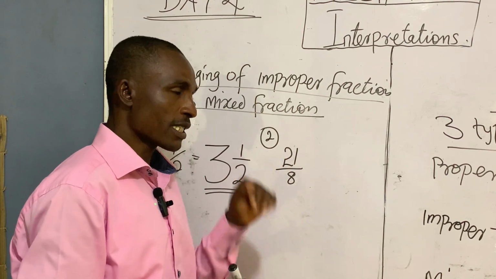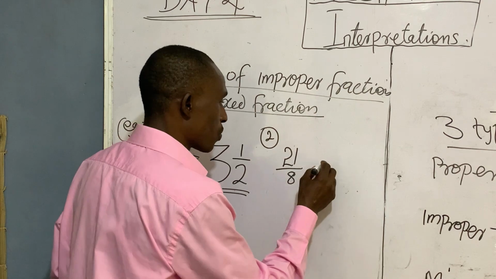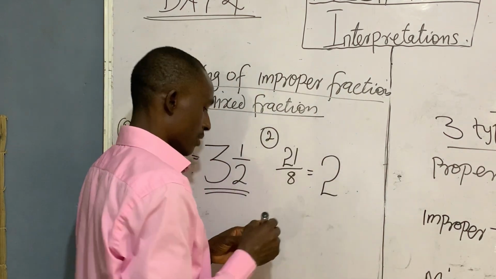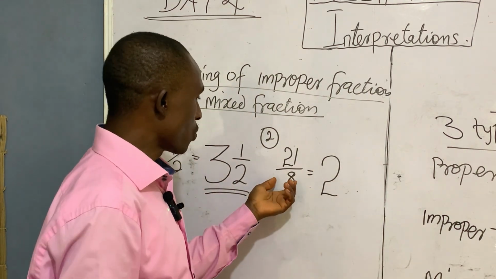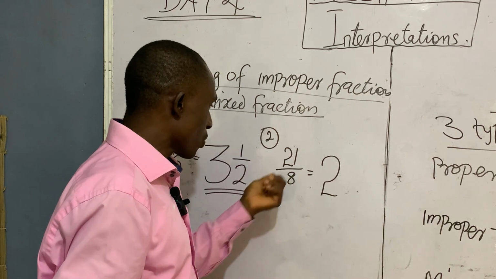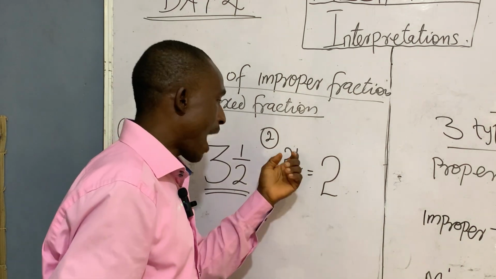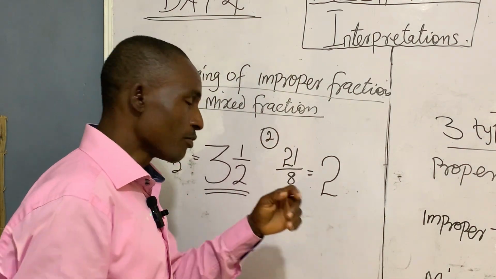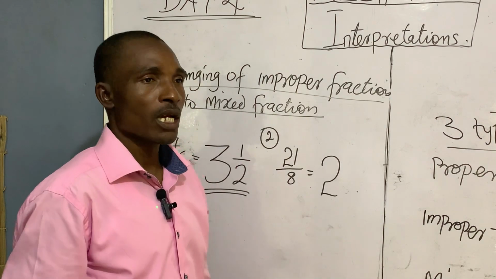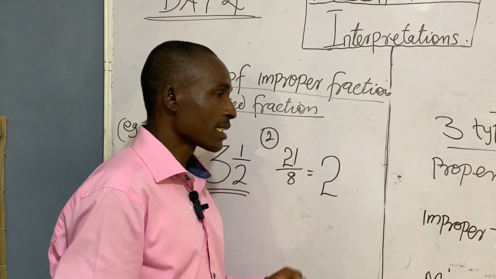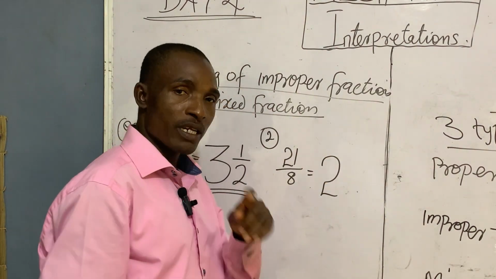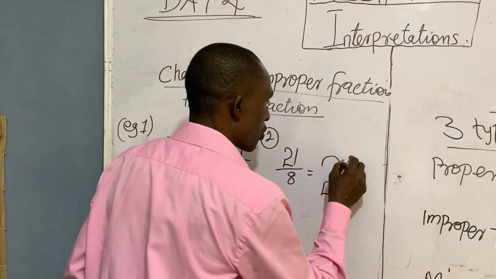No. It means it will now be 2 of it. So if I remove 2 times from inside this 21, how many will be remaining? I remove 8, remove another 8, that's a total of 16. How many now will be remaining? It will remain 5. That 5 you now put on the head.